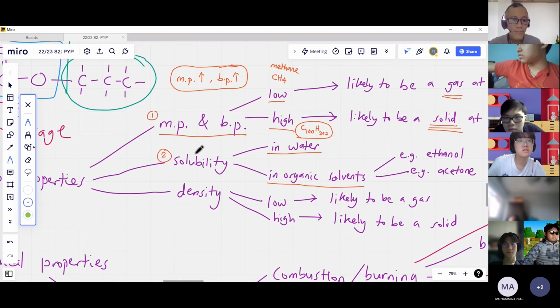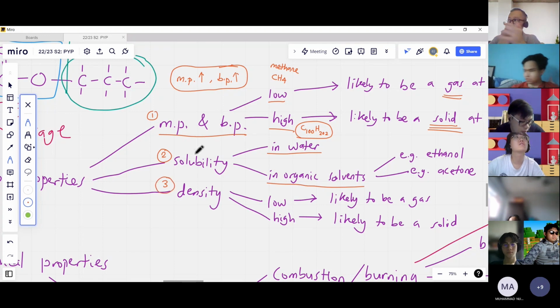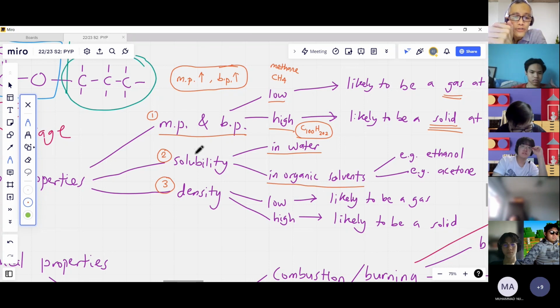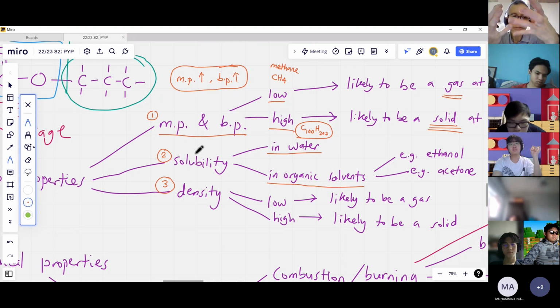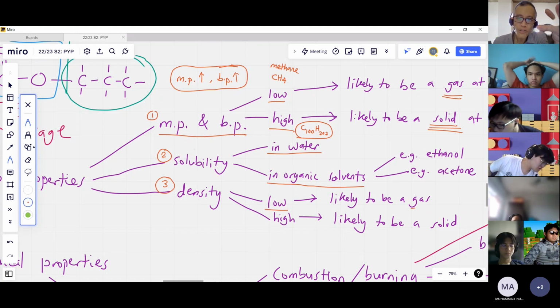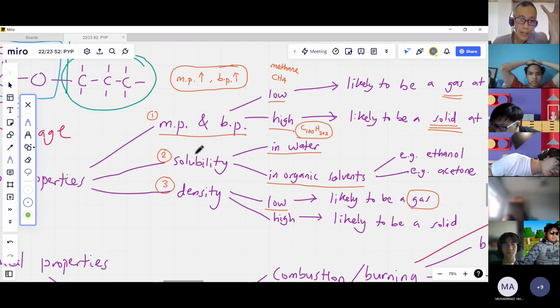Okay, third one. All right, density. This one is not so commonly used as an answer, but it's still considered a physical property. So you're talking about a substance, does it have a low density? And if the density is low, that substance is likely to be a gas. Guys, you're supposed to know this by now.